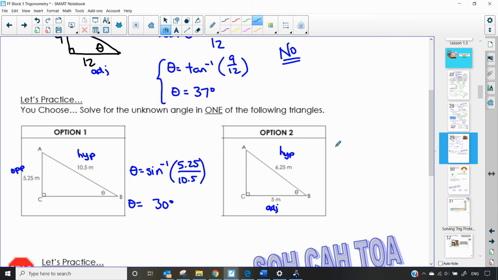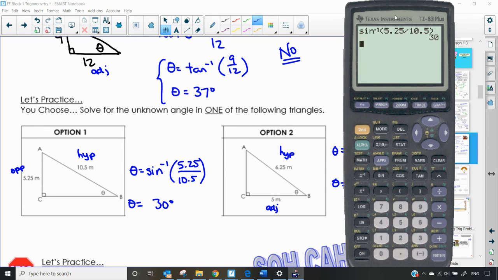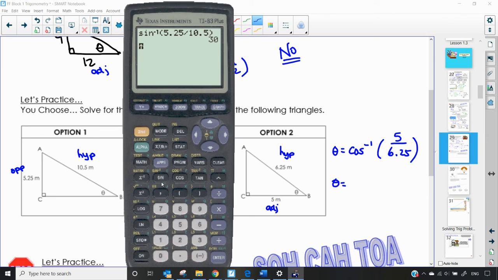So we're looking at cosine. So theta would be cosine -1 of 5 over 6.25. And so this would give us second cos of 5 over 6.25, which is 37 degrees rounded to the nearest degree.